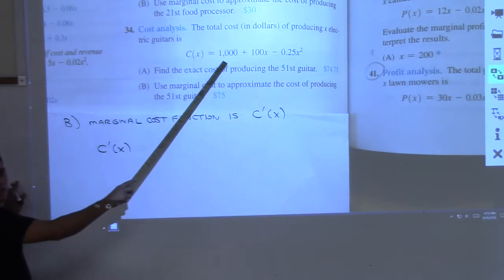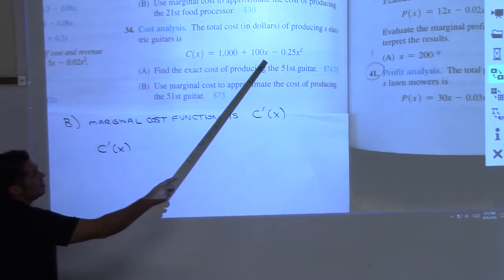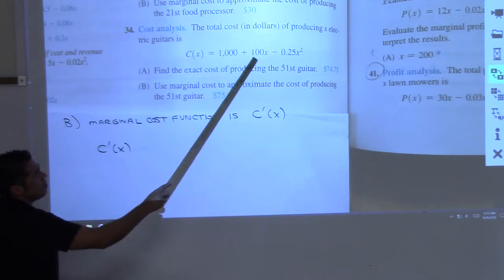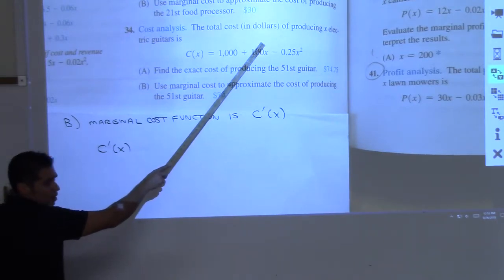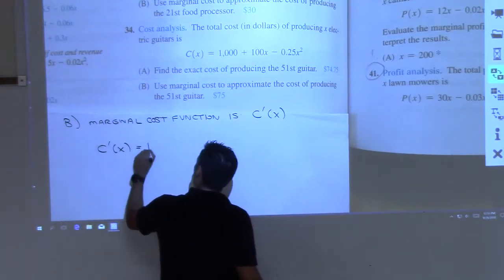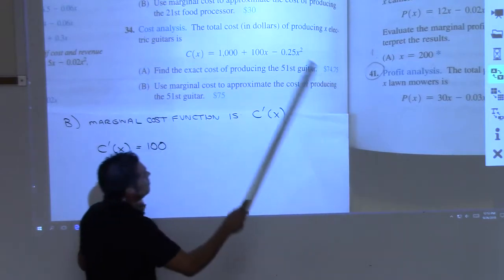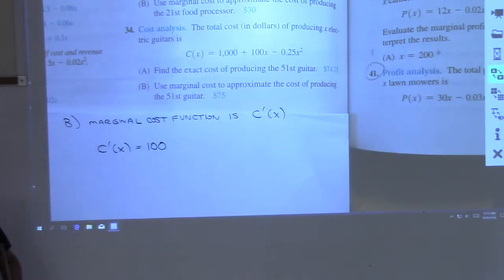What's the derivative of 1,000? 0, because it's a constant, right? What's the derivative of 100x? The 100 is just going to come along for the ride, and you take the derivative of x and you get 1. So that's just 100. And then we have to take the derivative of this. The 2 up top is going to come out front.